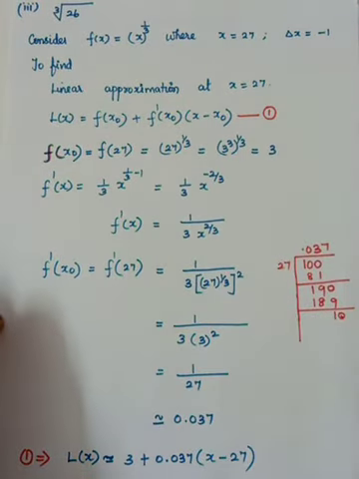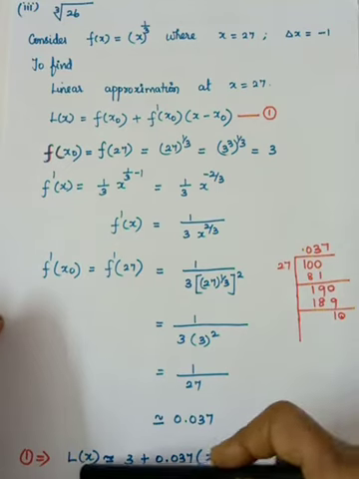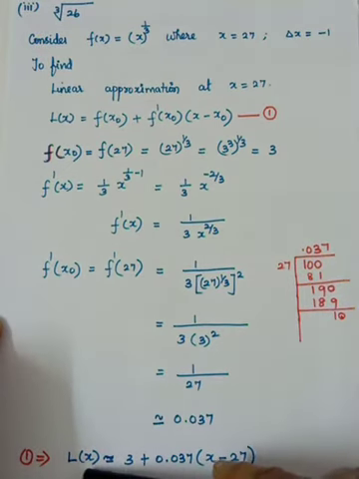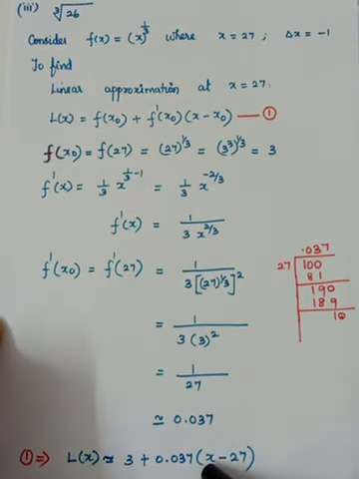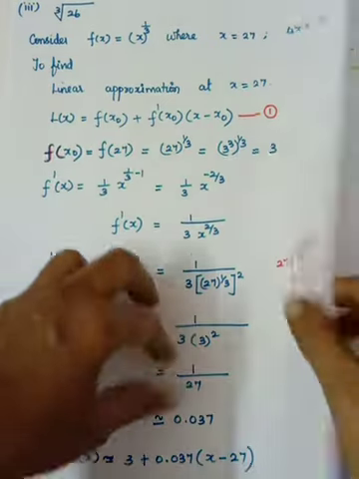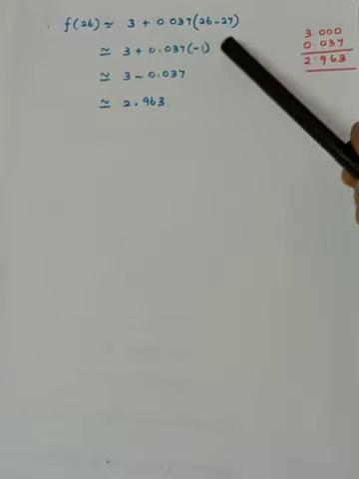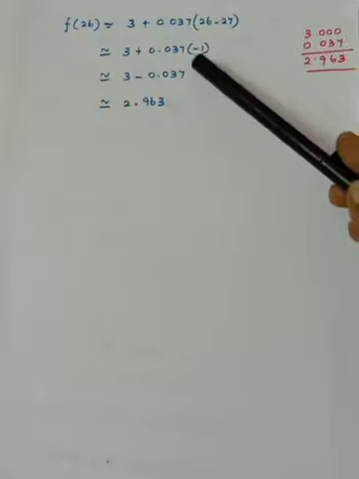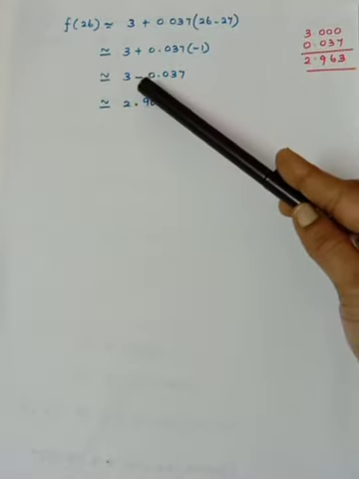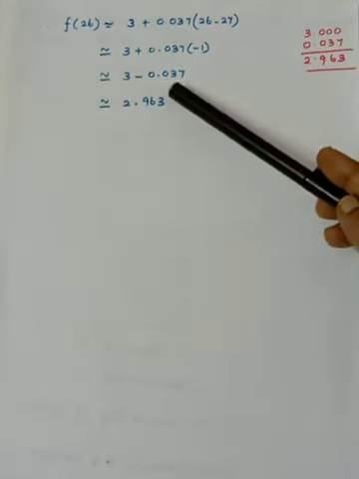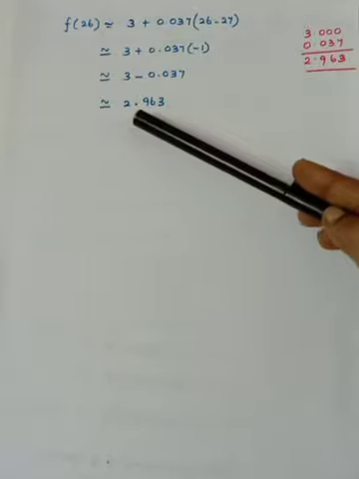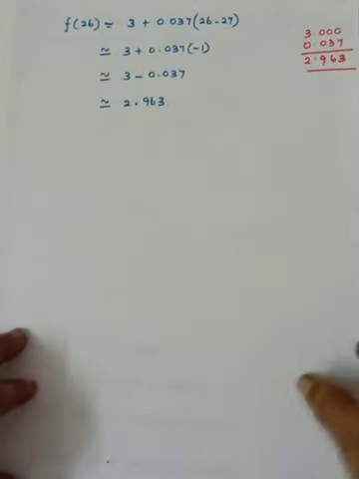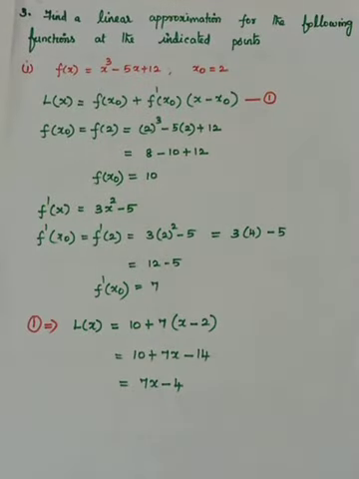So therefore in this approximated value you have to substitute x as 26. So 26 minus 27 is minus 1. So if you multiply you will get 3 minus 0.037. So if you subtract, your answer is 2.963.